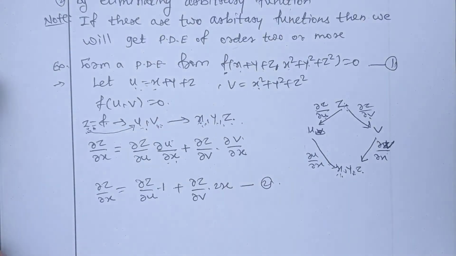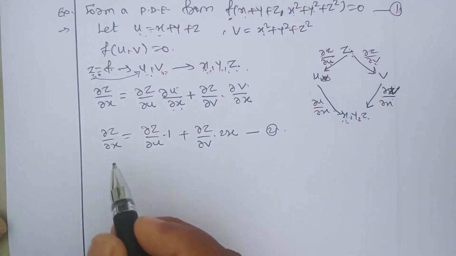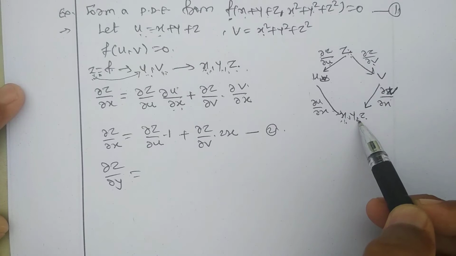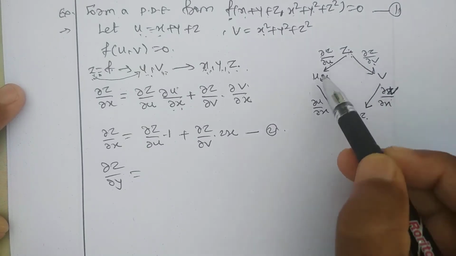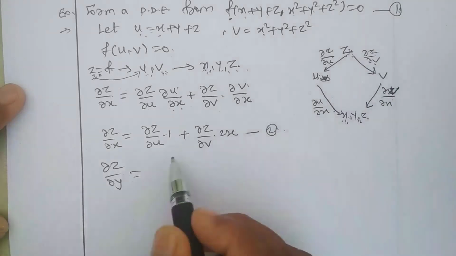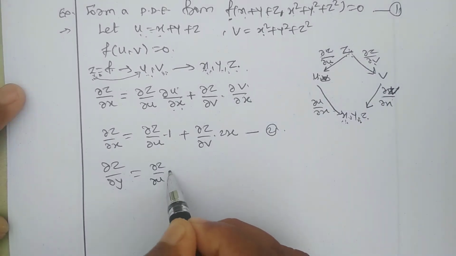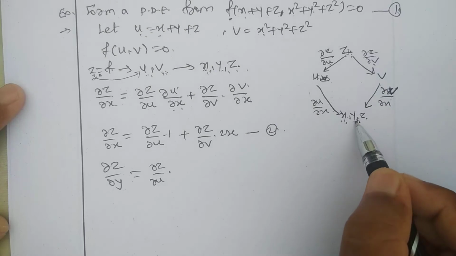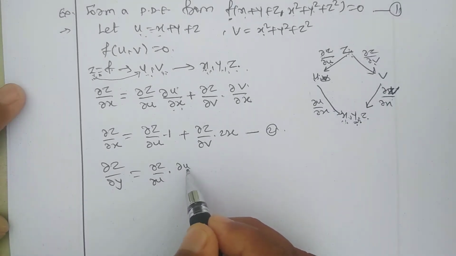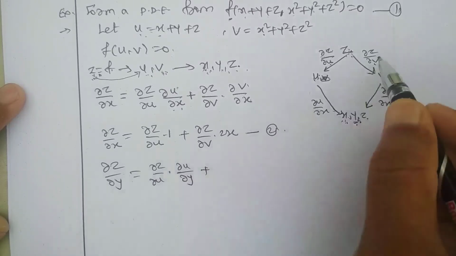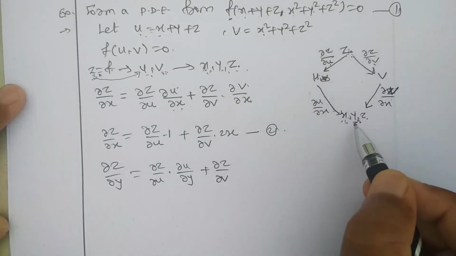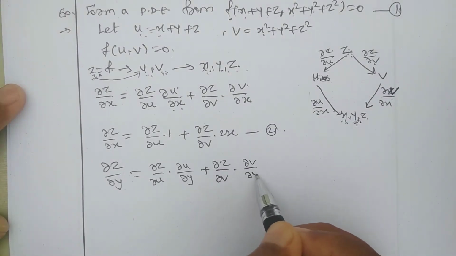Now similarly we can find the derivative of z with respect to y. What is the formula for the derivative of z with respect to y? Again there are two ways, this way and this way. So this way, z to u, ∂z/∂u, into u to y, that is ∂u/∂y, plus this way, that is ∂z/∂v, and v to y, so ∂v/∂y.